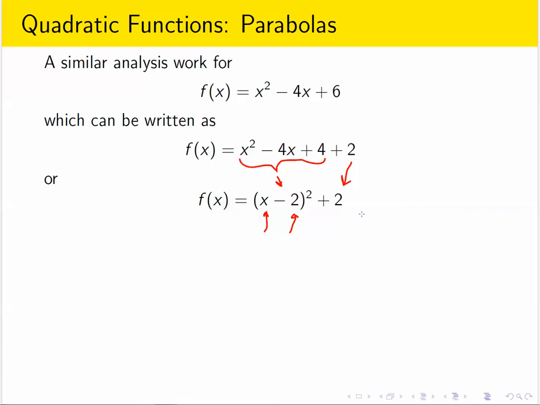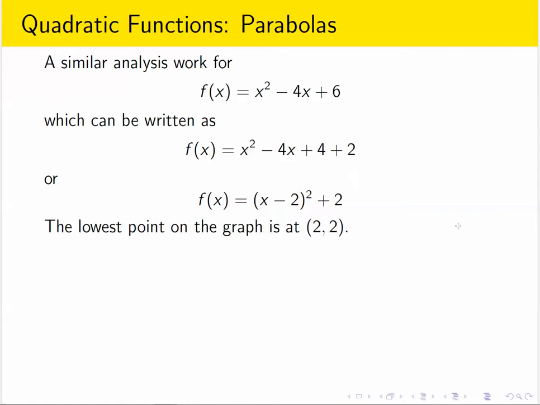plus 2, and any other value I plug in for x will produce something positive, plus 2, which will have to be bigger. So the lowest point on the graph is when I plug in a 2 for x, then this term is all 0, and that means the output is equal to this value, which is also 2 in this case.